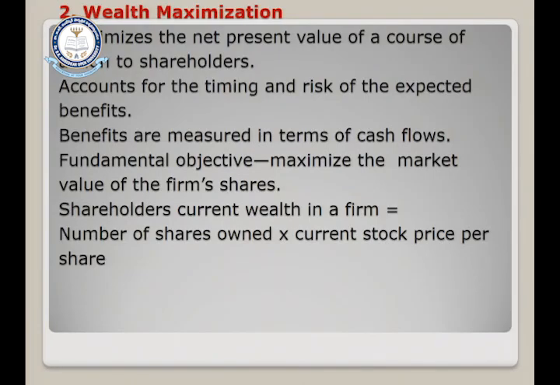So when we are not considering profit maximization as the basic objective, then we have to look at what other objective the organizations can have. Accordingly, the other objective of financial management is wealth maximization. Wealth maximization is nothing but maximizing the wealth of the shareholders, that is, maximizing the net present value of a course of action to the shareholders.